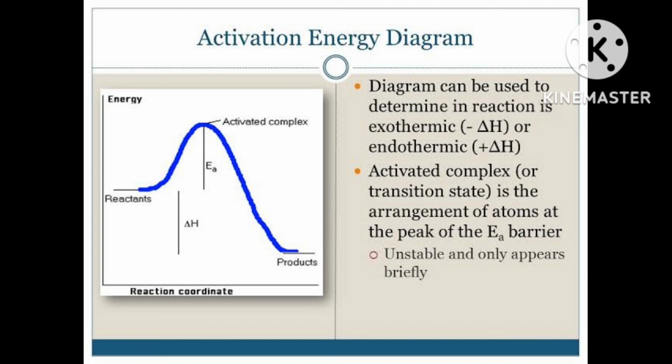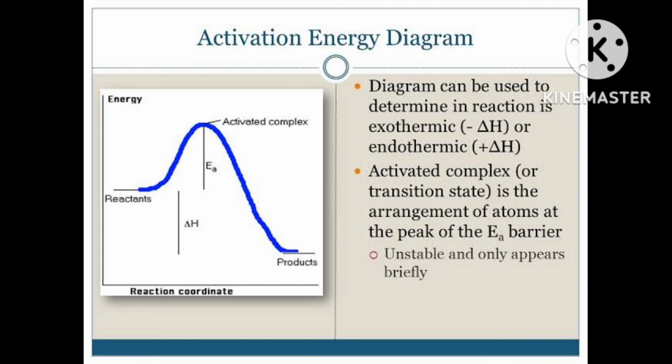Kc is equal to the molar concentration of PCl3 into the molar concentration of Cl2 divided by the molar concentration of PCl5.